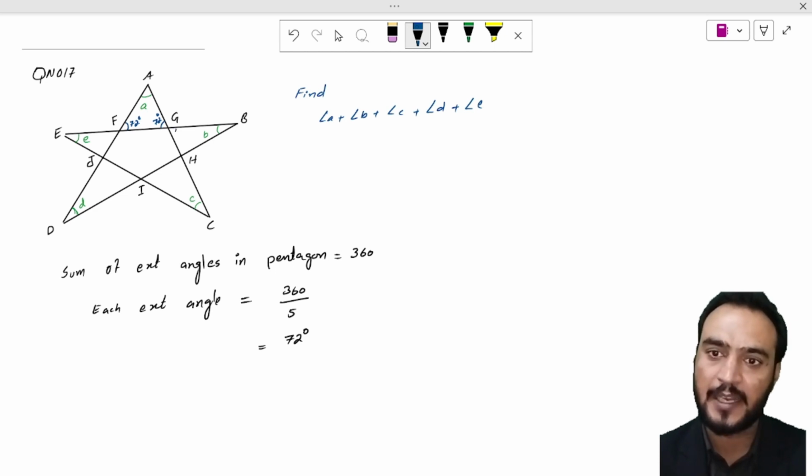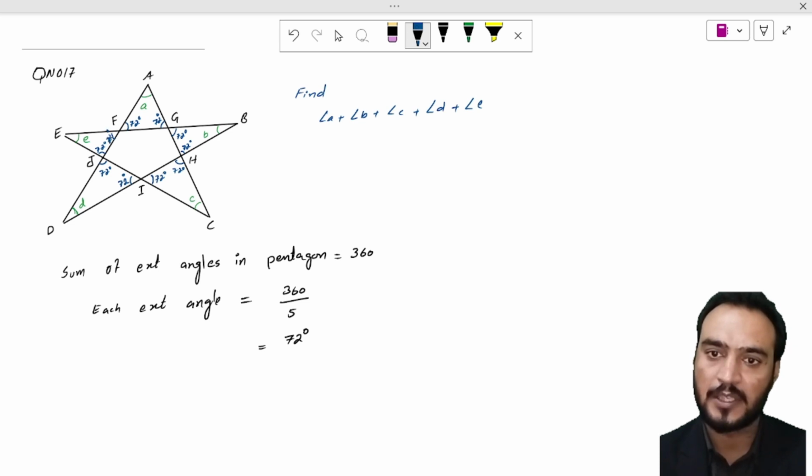Similarly, in triangle BGH this angle is 72 degrees, and this angle is also 72 degrees. Similarly, in CHI, both base angles are 72 degrees. Similarly, in this triangle, both these angles are 72 degrees. All these angles are 72 degrees.